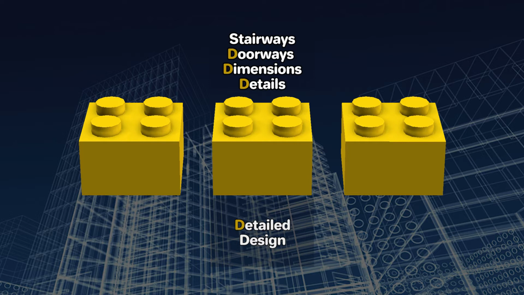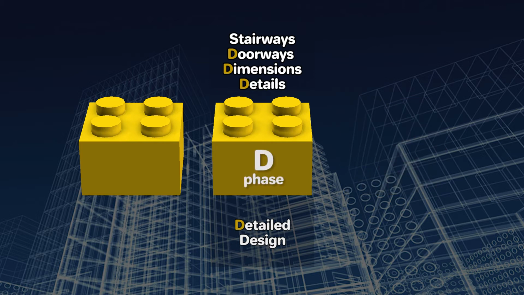We'll deal with quite a lot of these detailed decisions in this phase, and the result will be the detailed design. That's why I call this the D phase of the design process.